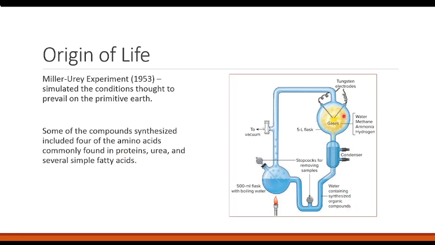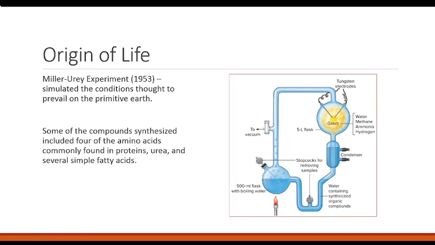So that means the input of energy, with the particular compounds thought to be prevailing in early Earth, was able to produce these particular molecules: biomolecules, organic compounds, the amino acids, urea, and simple fatty acids.